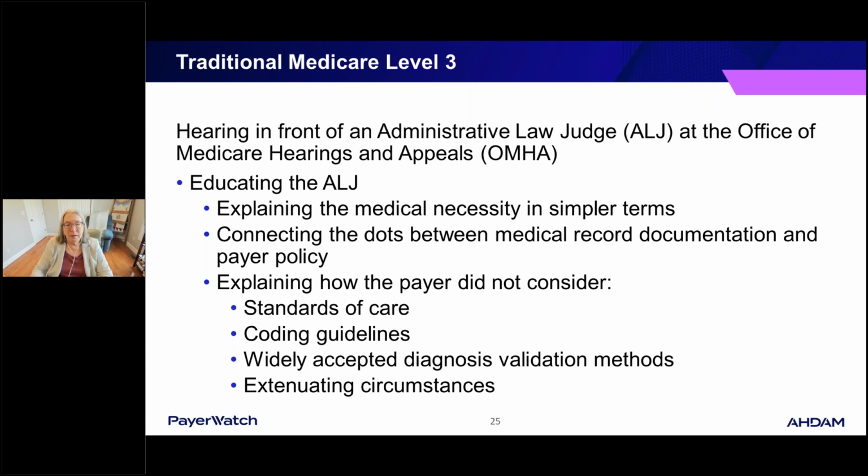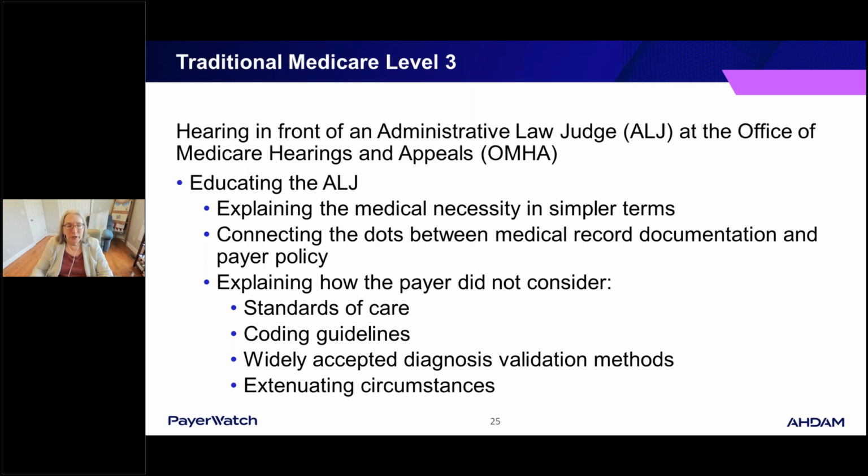So when we're talking about things like local coverage determinations, national coverage determinations, which a lot of times have to do with outpatient claims, outpatient services, outpatient care, we want to make sure that we're very clear in saying this is what Medicare says is covered, and all of our documentation supports that.